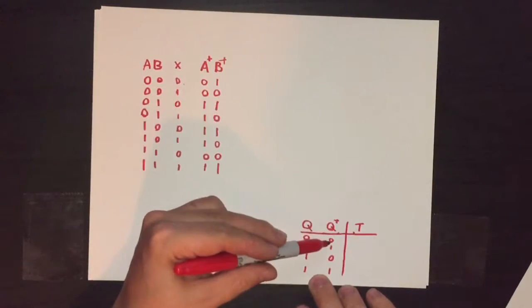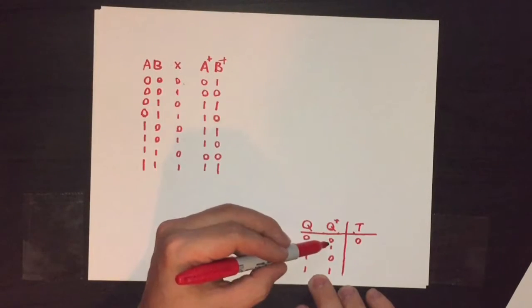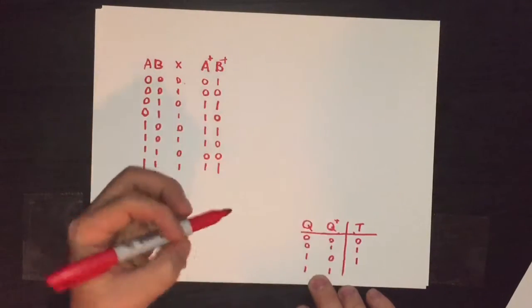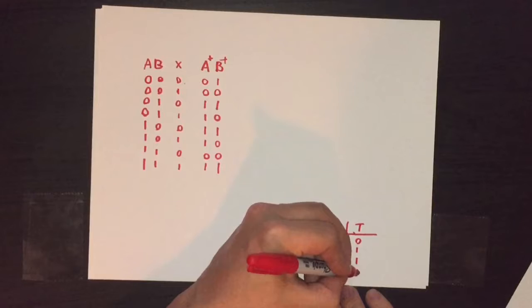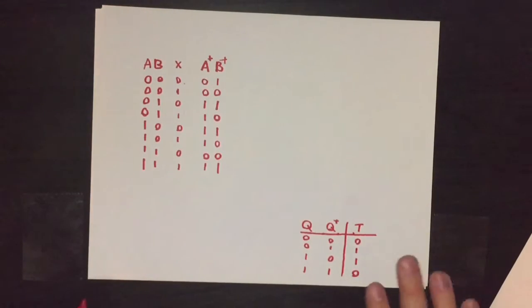From 0 to 0, it's going to be 0. From 0 to 1, it's going to be 1. 1 to 0, 1. And 1 to 1, 0. Now, this is nothing that you figure out. It's just an excitation table, so it's just what T flip-flops do. You have to just look it up or find out what this table is for, whether it be a T flip-flop, JK flip-flop, or D flip-flop. So many of them.